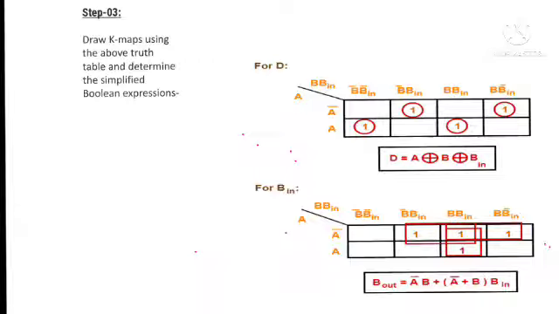Now let's see the K-map ones. Truth table to draw a K-map for B out. So here where did we get ones? At first and second, third and seventh position. So we have to represent ones in first, second, third and seventh position. We have to loop them.